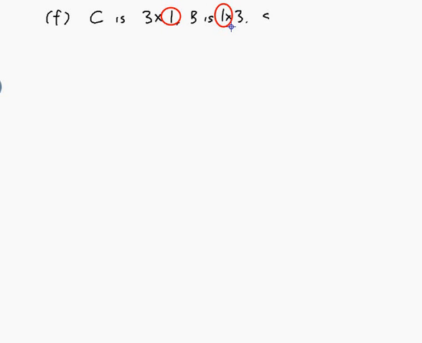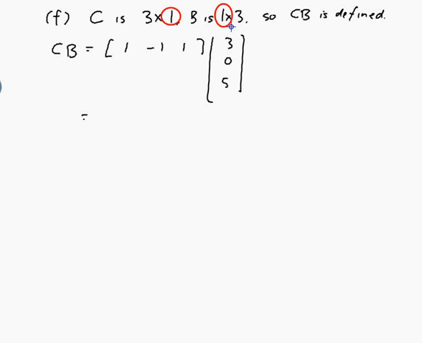So this one is defined. So CB is defined. So let's calculate it. So CB would be equal to 1, minus 1, 1, 3, 0, 5. And my answer is going to be, oops, sorry about that. C is 1 by 3. Let's just go back and do all that again.